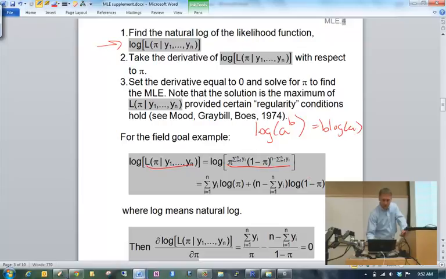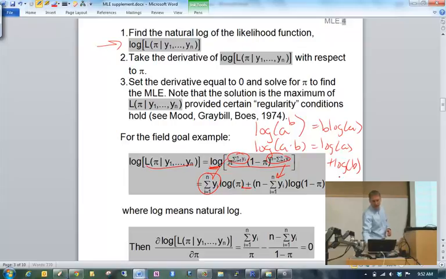Hopefully this sounds familiar. Also, the log of a times b is the log of a plus the log of b, all the stuff you learned in an algebra or pre-algebra class. So with the logarithm, the stuff in the power essentially comes out, and I can add this stuff together as well.